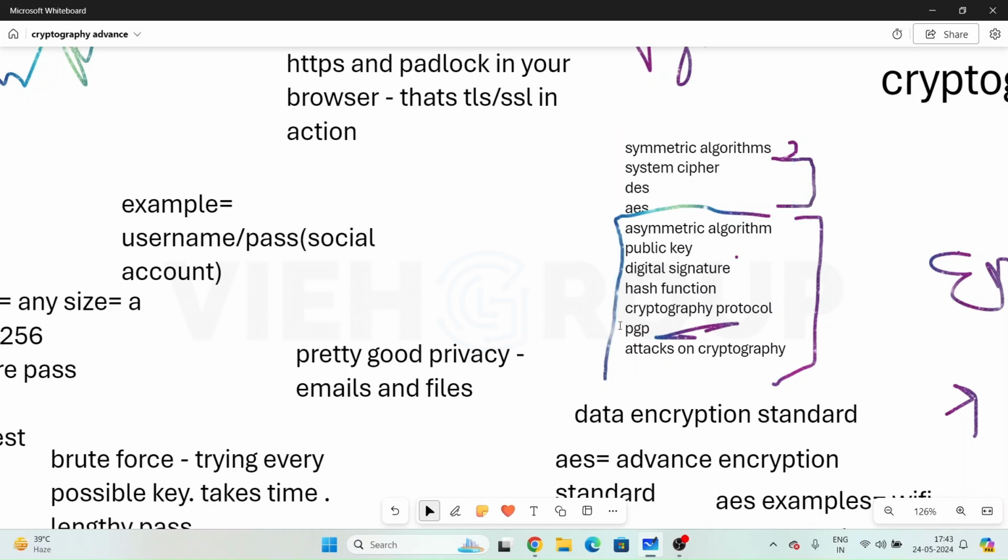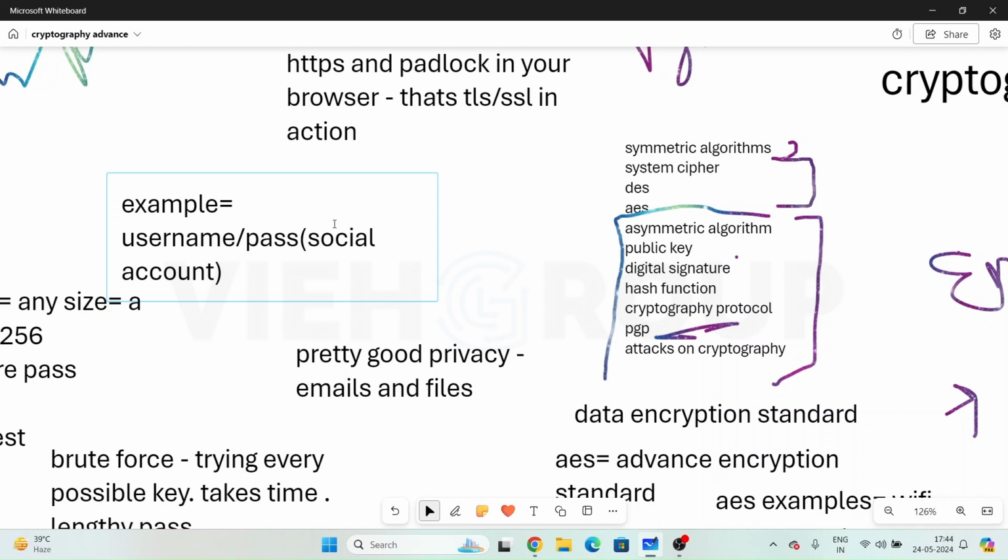Hash function, as you know, SHA 256. Cryptography protocols, as I say, there are a lot of things in cryptography protocols. You have to learn about it more if you want to. This one is a good topic. It contains TLS and SSL to secure online shopping and banking, and look for the HTTPS padlock in your browser.